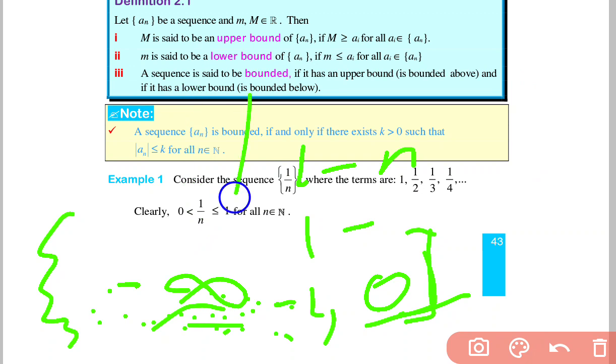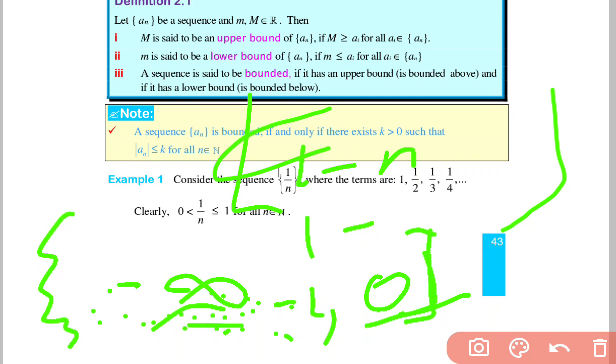If it is bounded below but doesn't have bounded above, that sequence is not bounded as well.